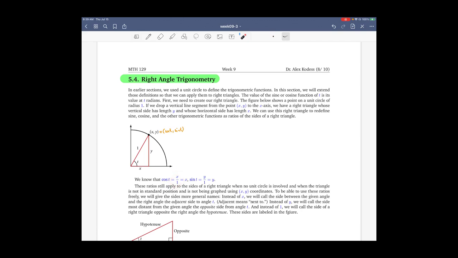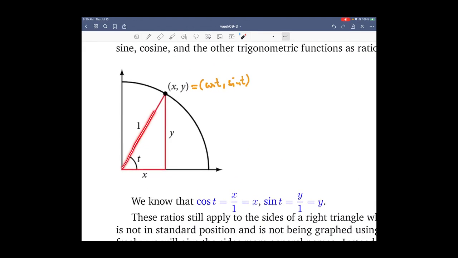That's not very deep, but when you write it as x divided by 1, you see that in this right triangle, x divided by 1 is the ratio of the adjacent leg, this leg is adjacent to angle t, over hypotenuse 1, much like y divided by 1 is the ratio of the leg of this triangle which is opposite to angle t.